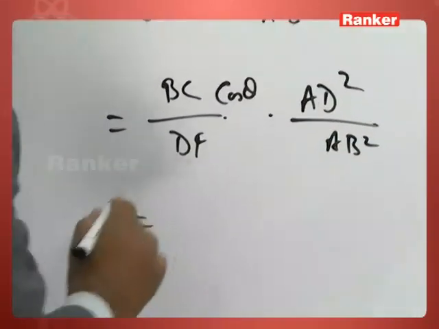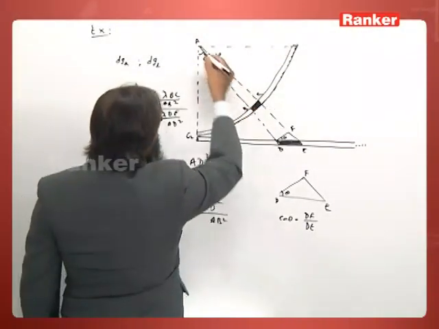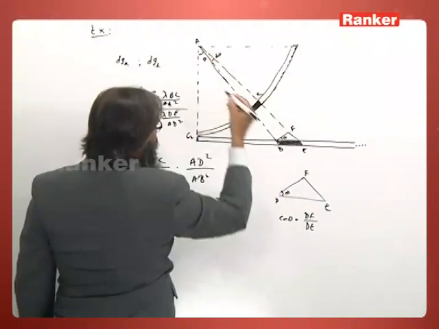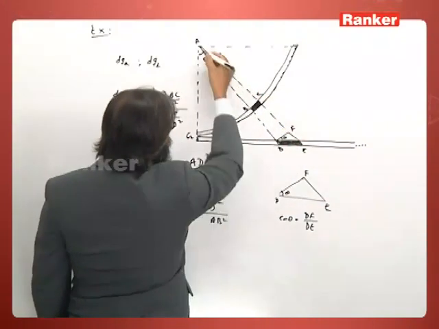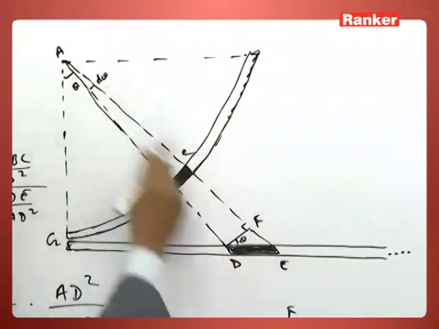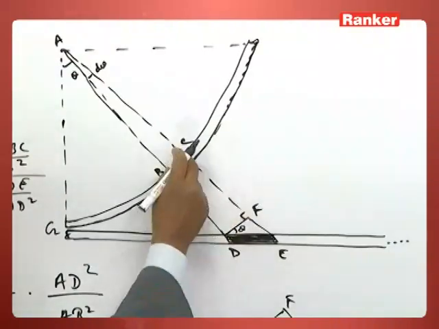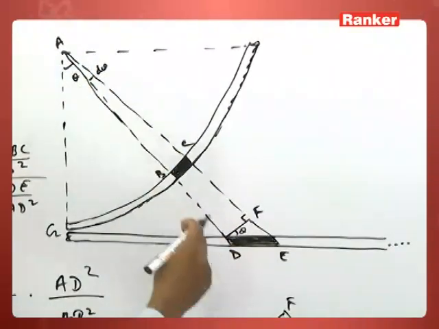So now you see what we got. Now you just see this triangle ABC and ADF. These two triangles, if I have drawn a perpendicular here, then are similar. So BC by DF, this by this is AB by AD.